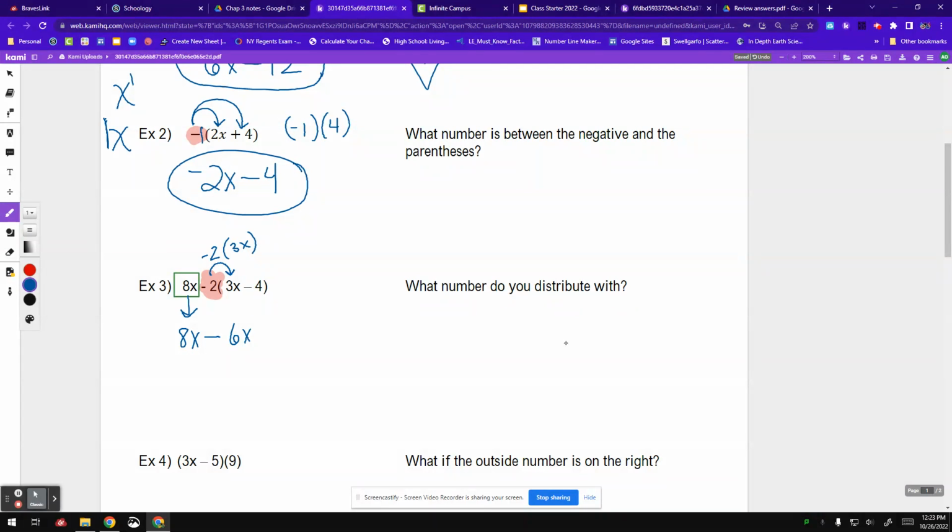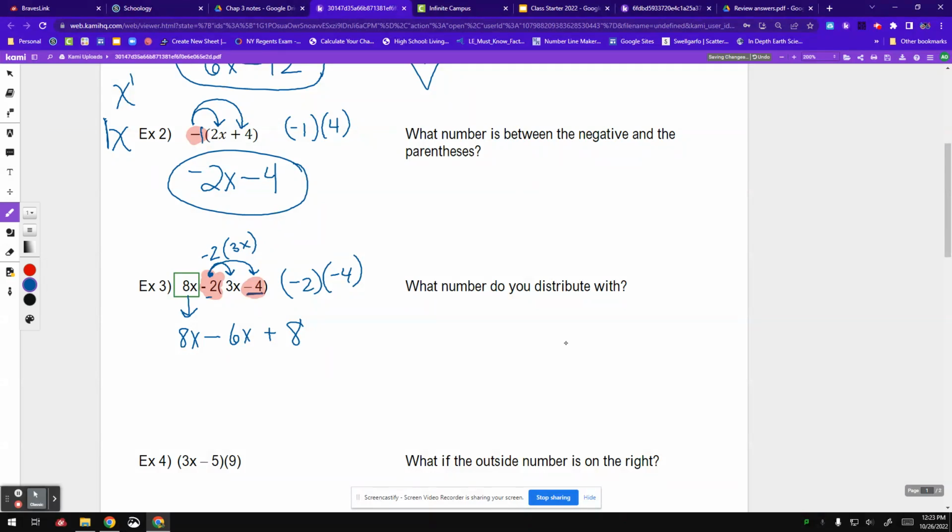And be super careful here. Negative 2 times, this is a negative 4. Negative 2 times negative 4 is positive 8. That is the hardest part about distributing with negatives. Remembering that the sign in front of it goes with it.